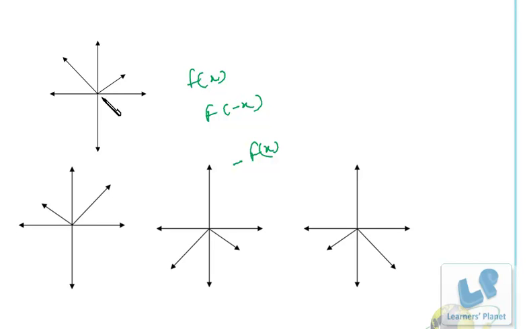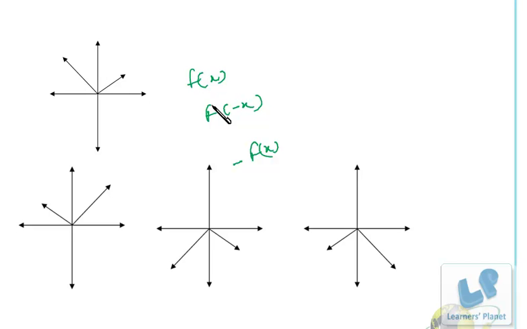If you draw this graph on a paper, and if you see the back side of the paper, if you just turn the paper, you'll be able to see the mirror image of this graph. So actually f of minus x is the mirror image of f(x). Be very careful about it. If you really see this graph in the mirror, you'll be able to see this image, right? So f of x and f of minus x. F of minus x is the mirror image of this graph, right?